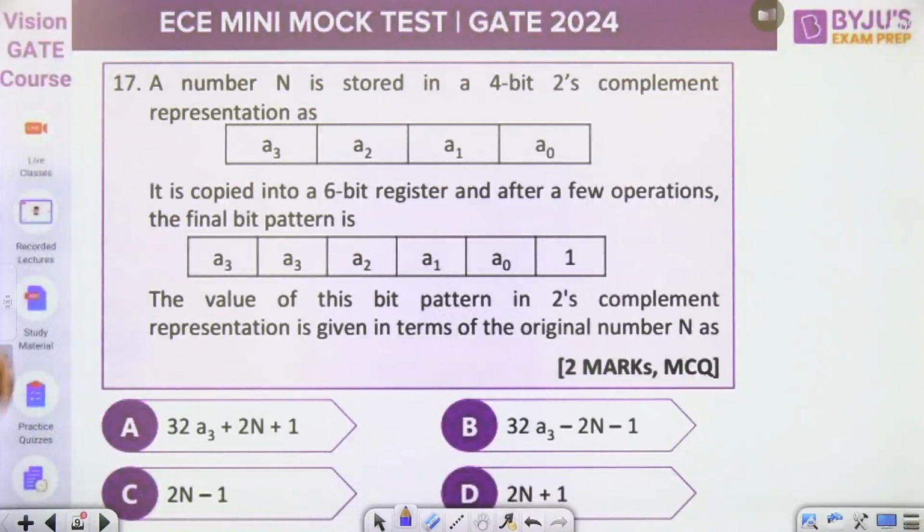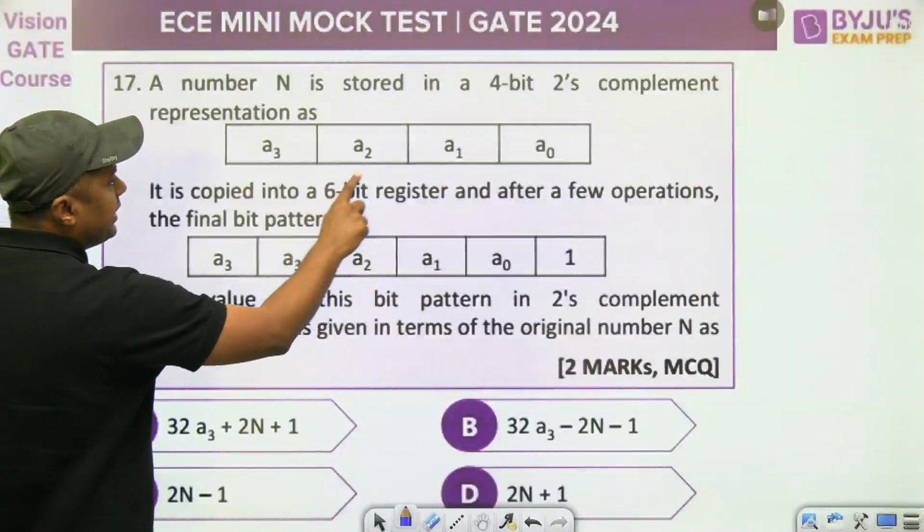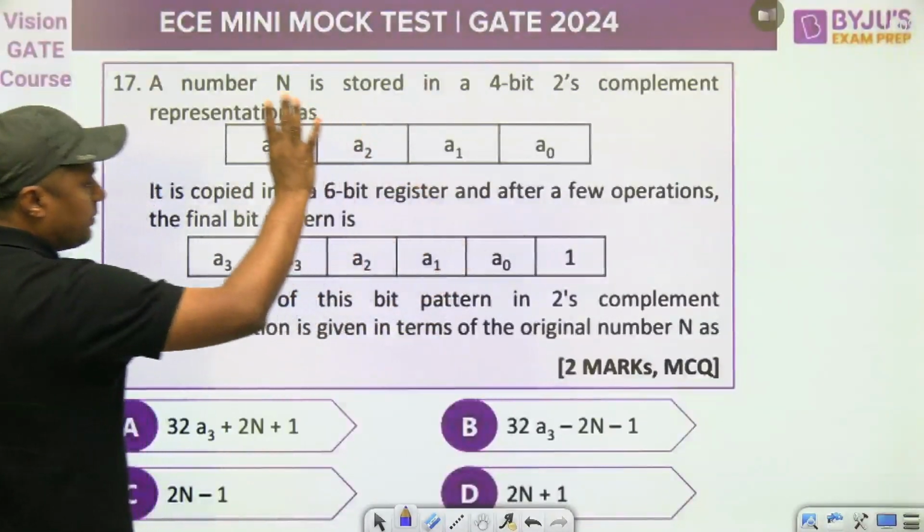A number n is stored in a 4-bit 2's complement representation as A3, A2, A1, A0. It is copied into a 6-bit register, and after a few operations, the final bit pattern is A3, A3, A3, A2, A1, A0, and last it will become 1.